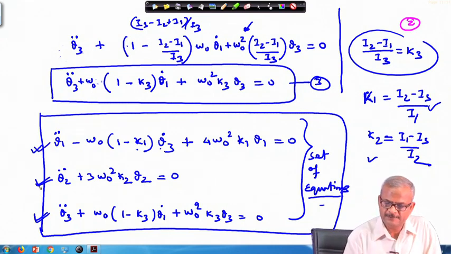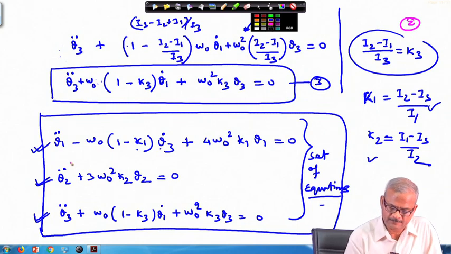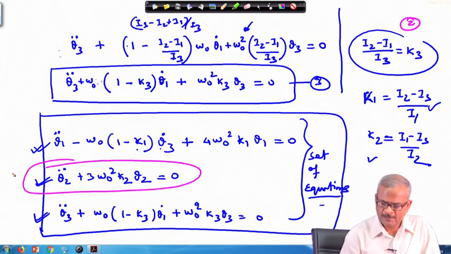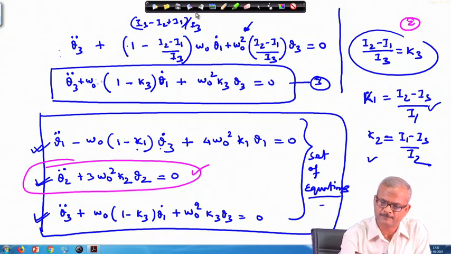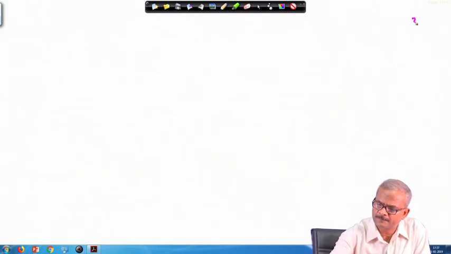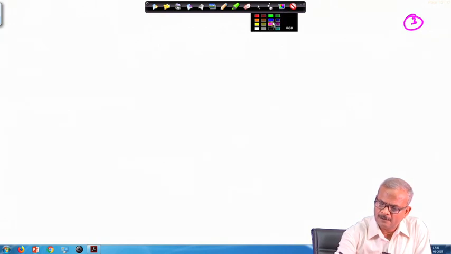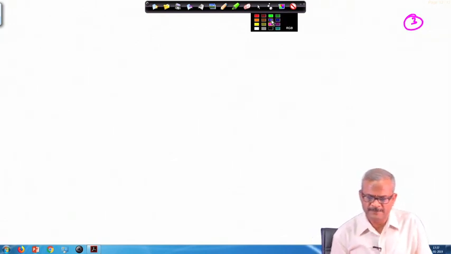This equation, the pitch equation, is very easy to analyze. Why are we calling this the pitch equation, and why is it decoupled from the other two equations?